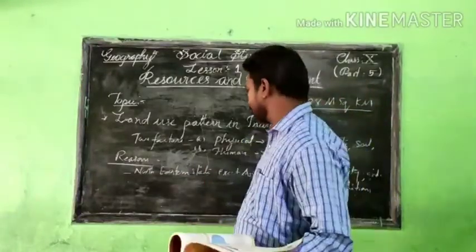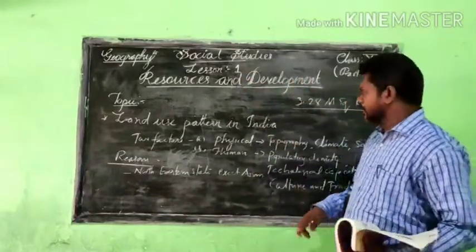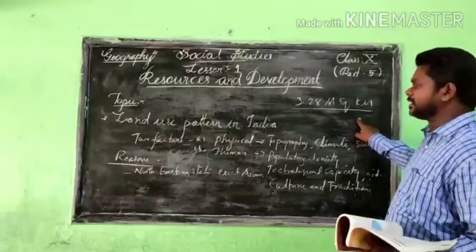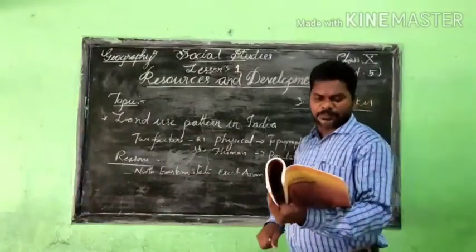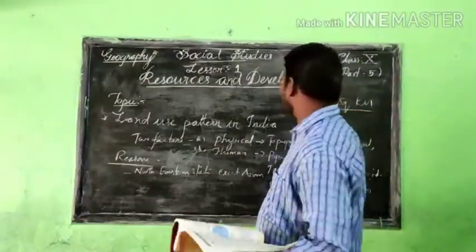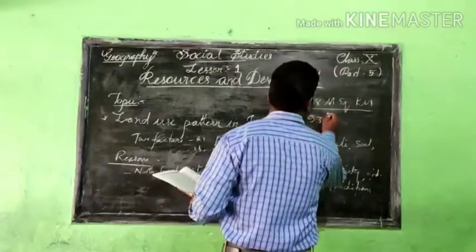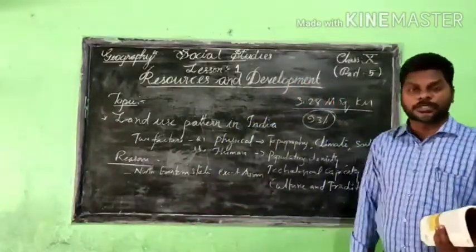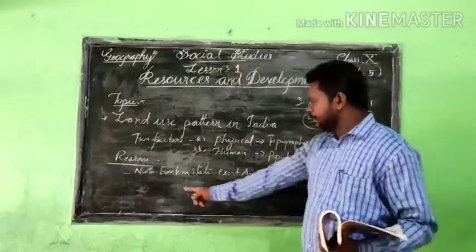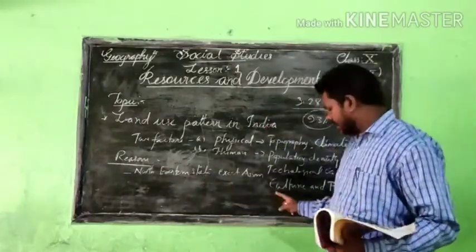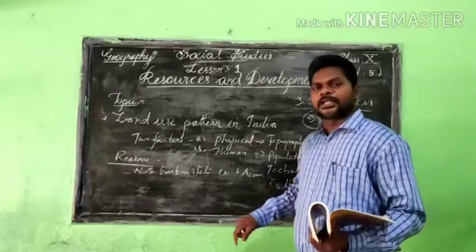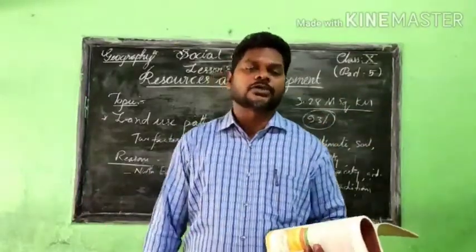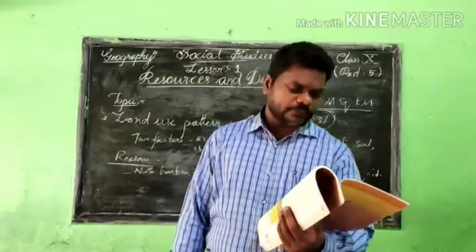That's one of the reasons why, out of the 3.28 million square kilometers of area, only 93% we are using for agriculture. The reason is that in the northeastern states except Assam, we are not doing agriculture fully because of the relief features of India.